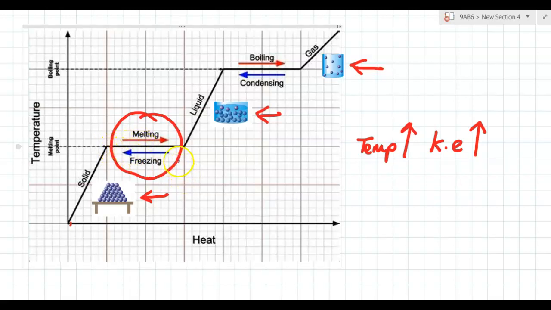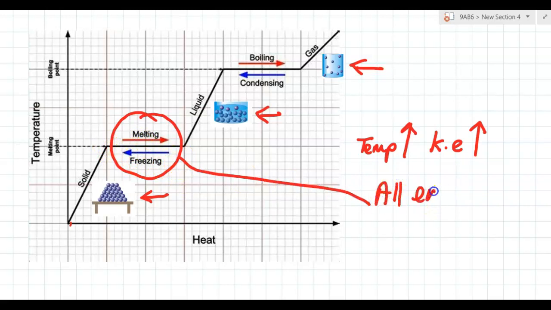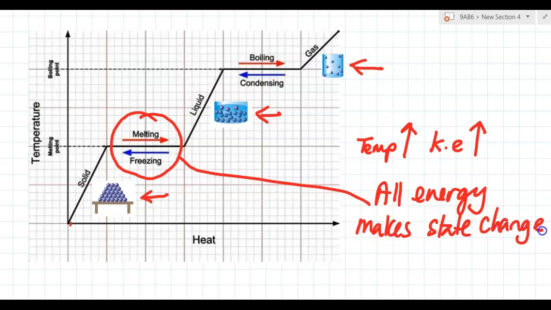During that time, all of the energy is going into the change of state. And the state change is related to the potential energy of the particles in terms of where they are.